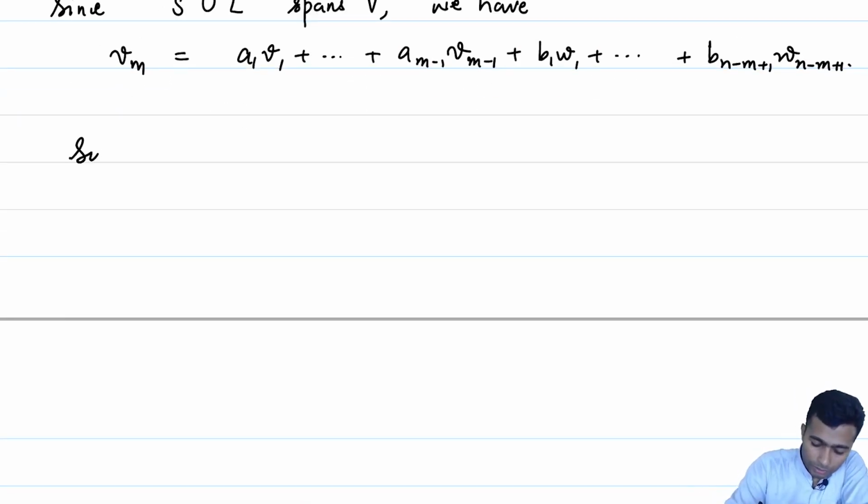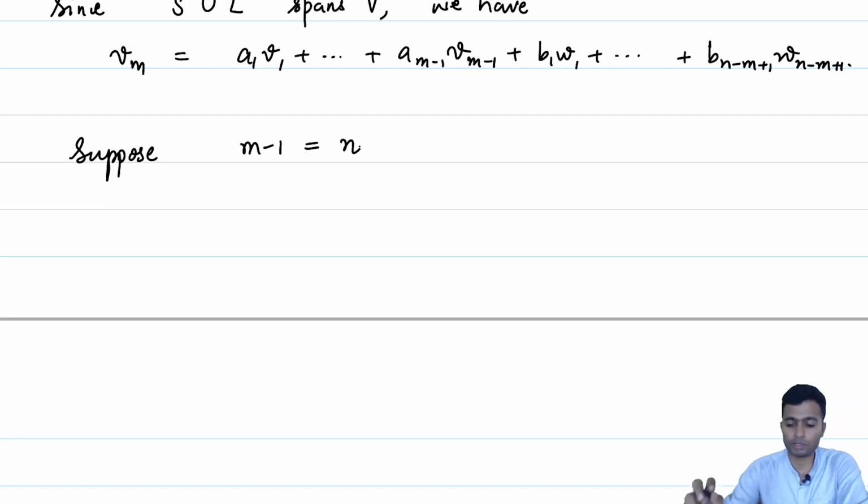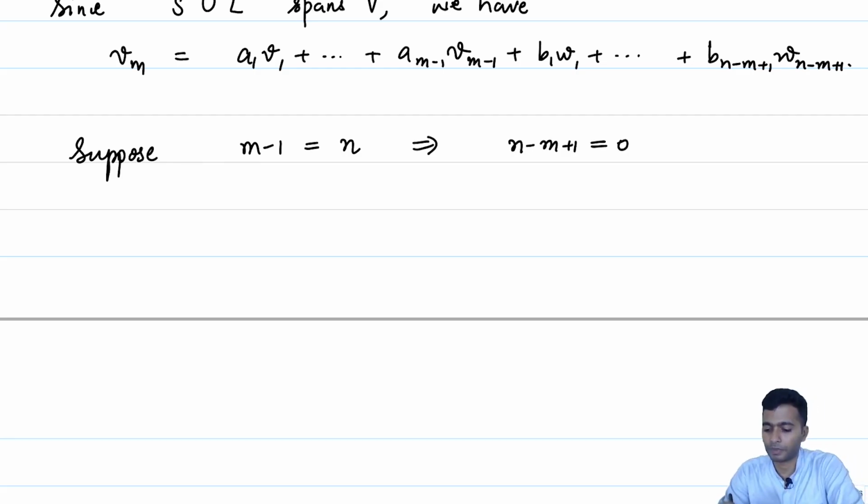So suppose m minus 1 is equal to n. We already know that m minus 1 is less than or equal to n, but that would imply that n minus m plus 1 is equal to 0.